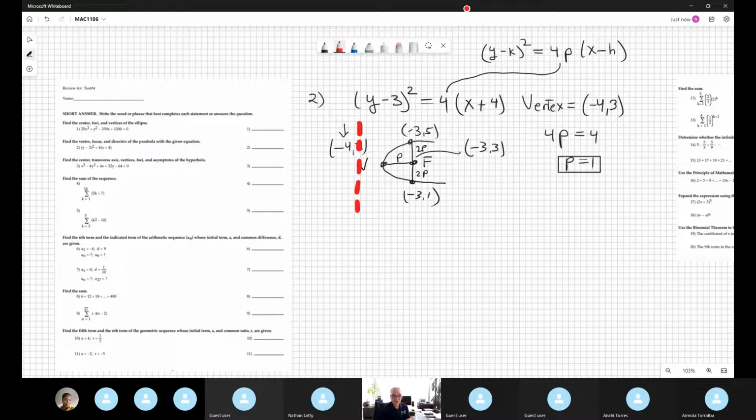And it's the same distance, the same distance that p is 1. So it's p also. p is 1 in our case. See, this point is -4. It's obvious that the directrix would be -5 because it's -4 minus 1. I'm moving to the left.